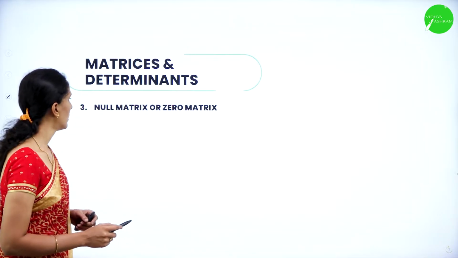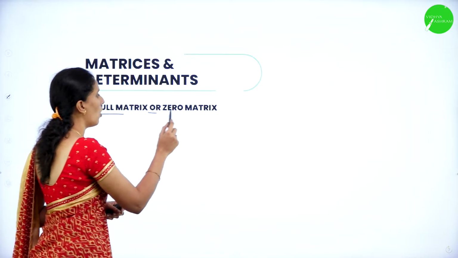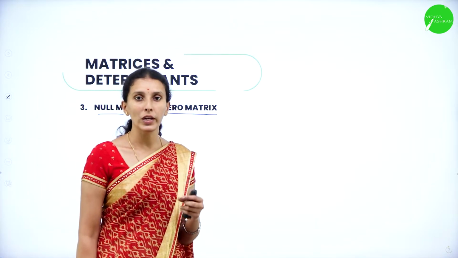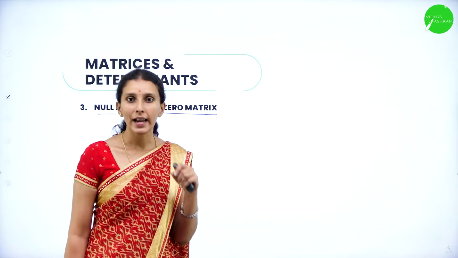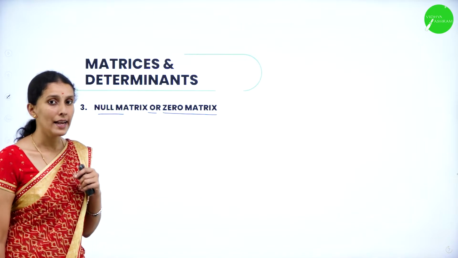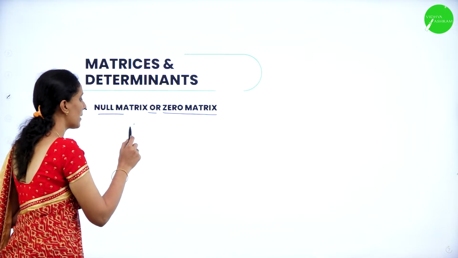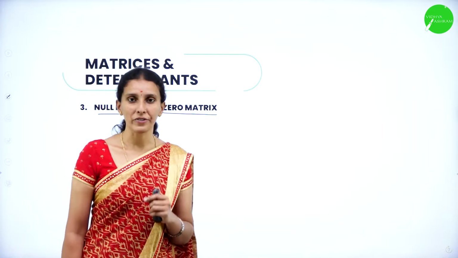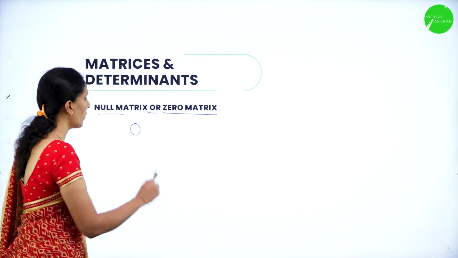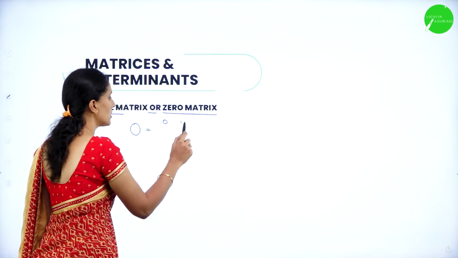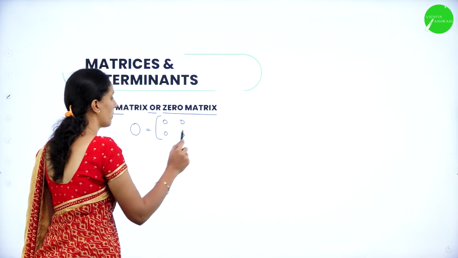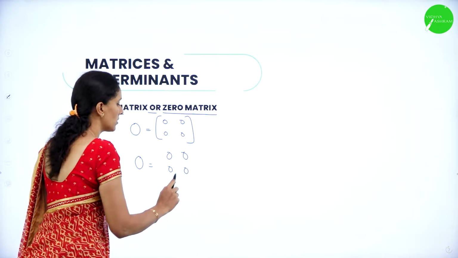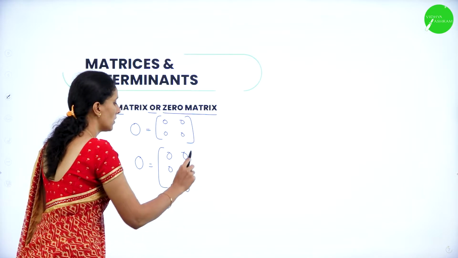Next one, null matrix or zero matrix. A matrix which contains only 0 as its elements is called a null matrix, and it is always represented by capital O. O represents the null matrix or zero matrix. So it may be O is equal to 0, 0, 0, 0, or O is equal to 0, 0, 0, 0, 0, 0.